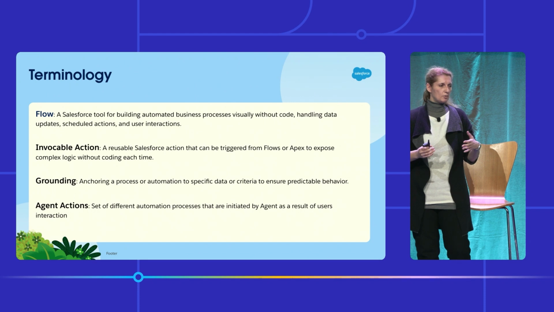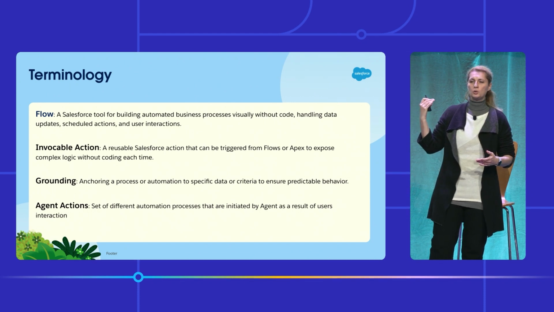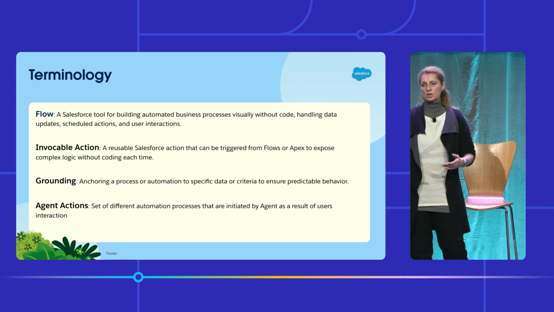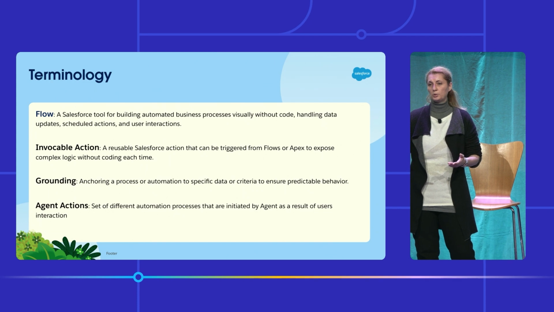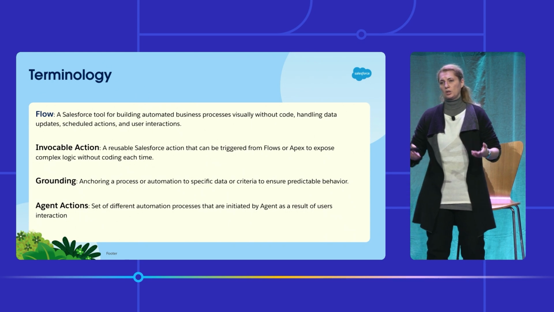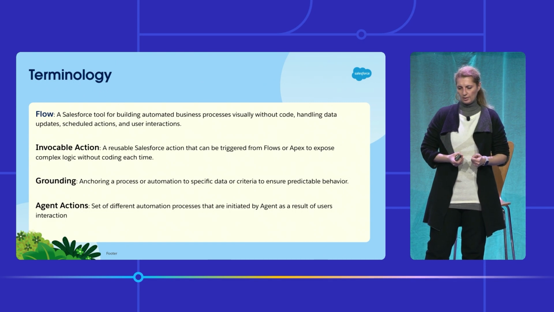And in case some of you are just diving into Flow and Agentforce, I want to quickly cover the terminology so you can follow through the session. So Flow is a Salesforce declarative automation tool. It's a way for you to visually build automation and then automate things like user interaction, data manipulation, maybe some scheduled action. You're going to hear me talk about invocable actions as well.